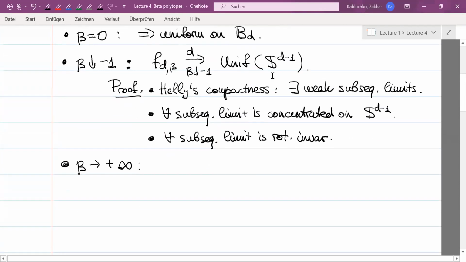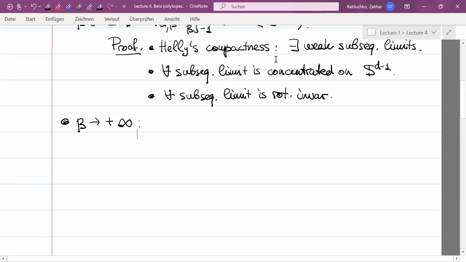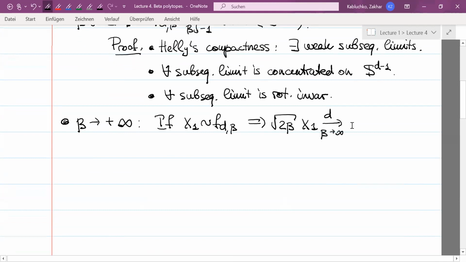So one can guess that it should be the normal distribution, namely if, say, X_1 has probability density f_{d,β}, of course it depends on β, then √(2β) times X_1 converges in distribution as β goes to infinity to the standard normal distribution on R^d. And this is most easily shown, so idea of proof, by applying Scheffé's lemma.